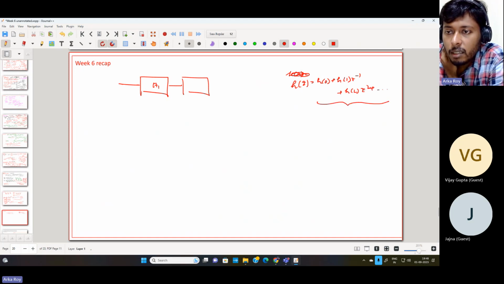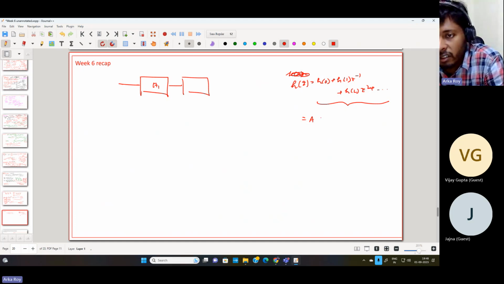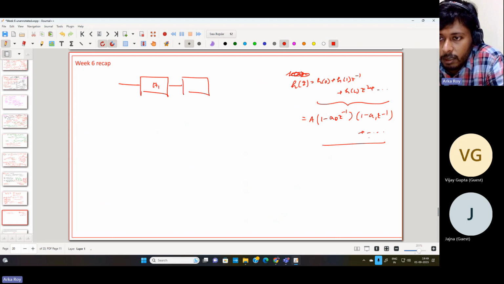So this is the general representation. I can factorize this whole thing into first order components. Let us consider I am taking some constant out from this particular general Z transform sequence, and then I can factorize it in terms of like 1 minus A0 z to the power minus 1, 1 minus A1 z to the power minus 1, likewise, multiplication, all are multiplied.